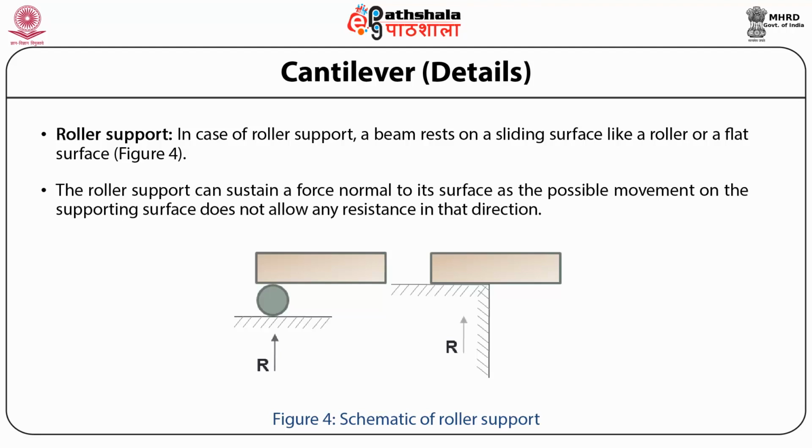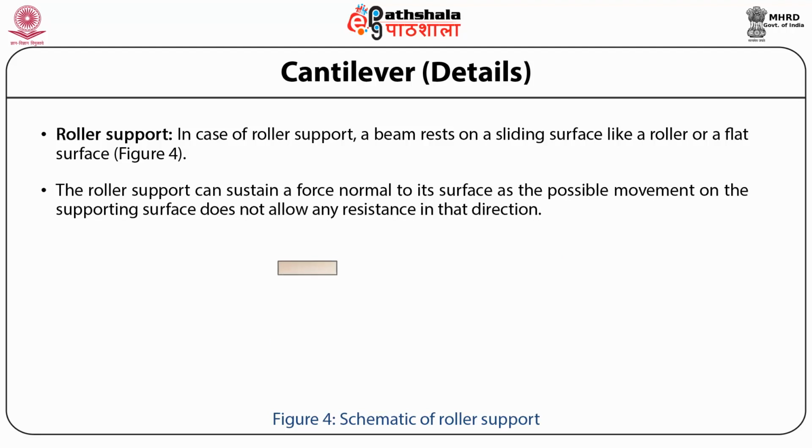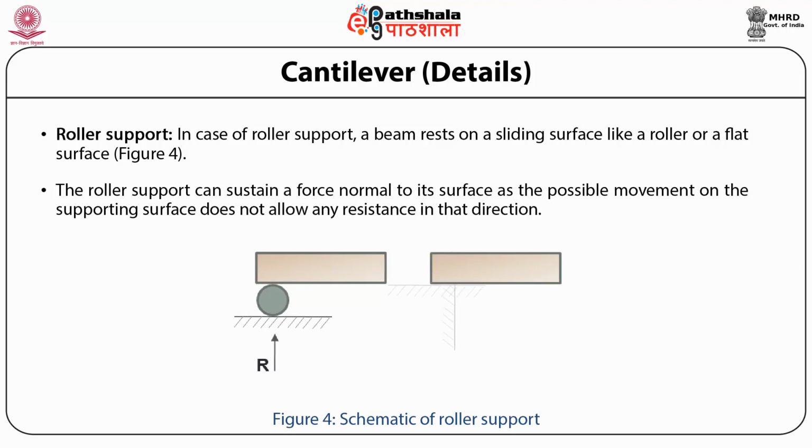The roller support can sustain a force normal to its surface, as the possible movement on the supporting surface does not allow any resistance in that direction. Therefore, the reaction along the rolling surface is zero and R is present only normal to the surface.